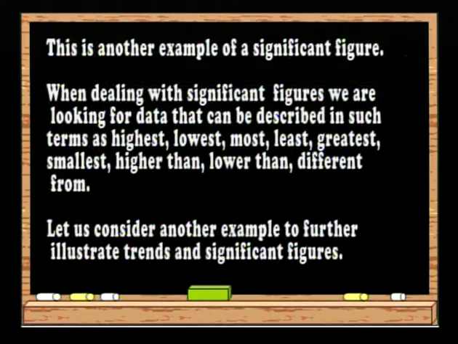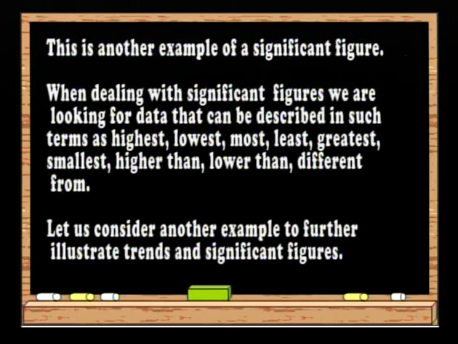This is another example of a significant figure. When dealing with significant figures, we are looking for data that can be described in such terms as highest, lowest, most, least, greatest, smallest, higher than, lower than, different from.